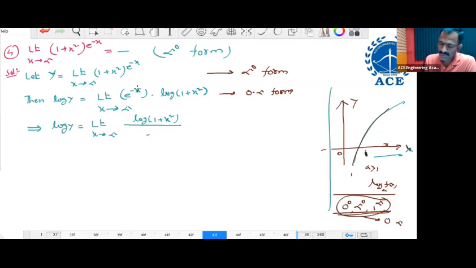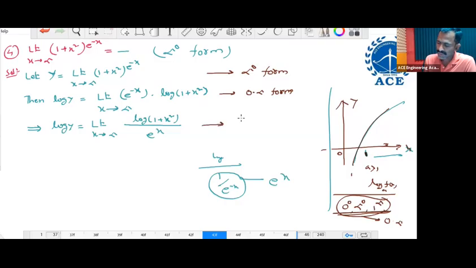I am shifting the e^(-x) to the denominator. When I shift e^(-x) to the denominator, we write 1 by e^(-x), because a negative power, 1 by e^(-x), is the same as e^x. So this is e^x.